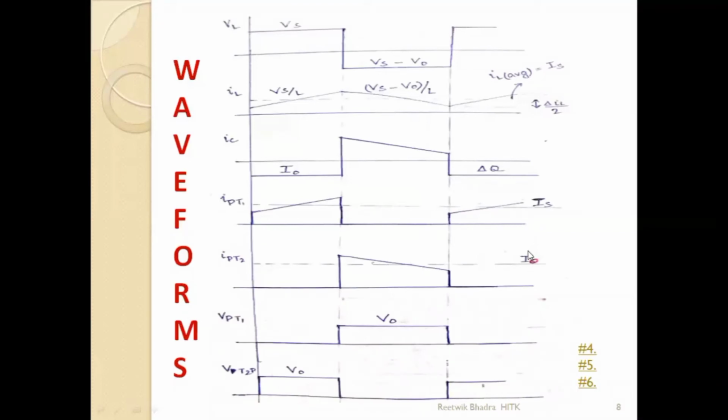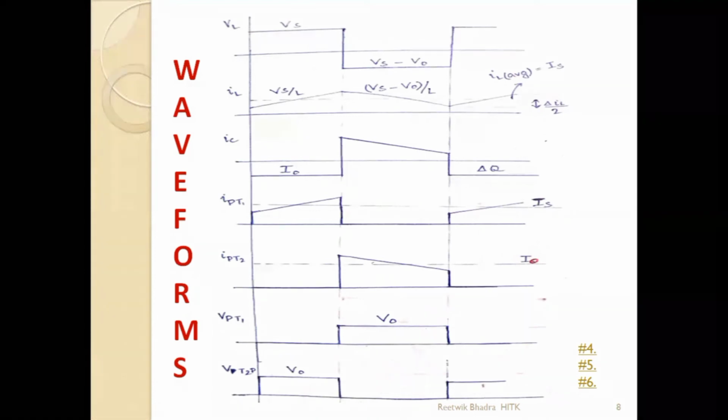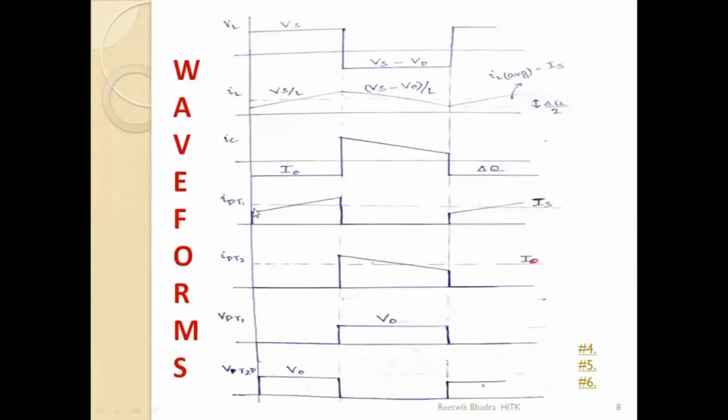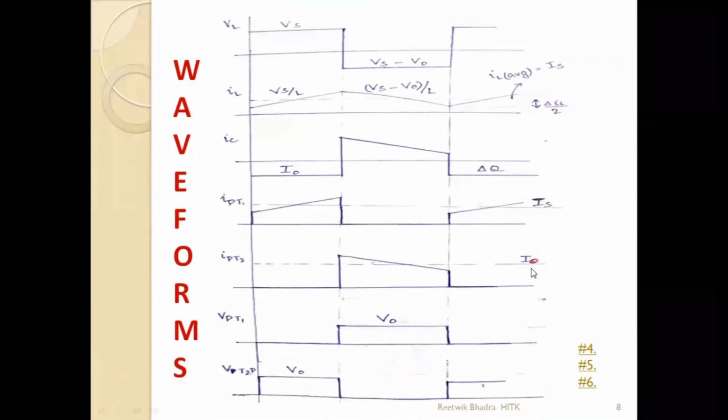Why is it I naught, why not Is? Anyone? I'm leaving this up to you. Tell me this explanation. Okay, I naught. So IPT1 average current is Is, and IPT2 average current is I naught.